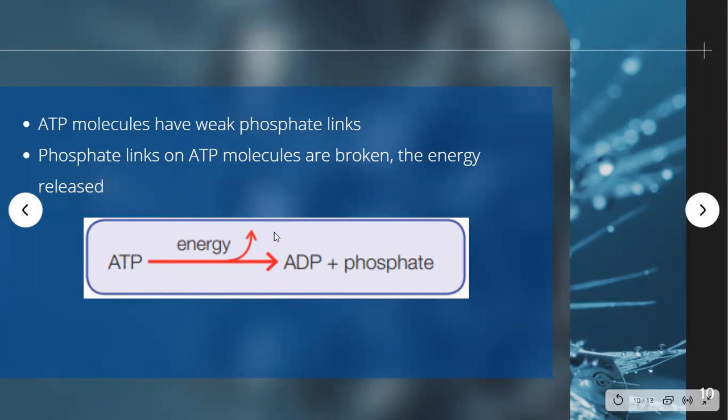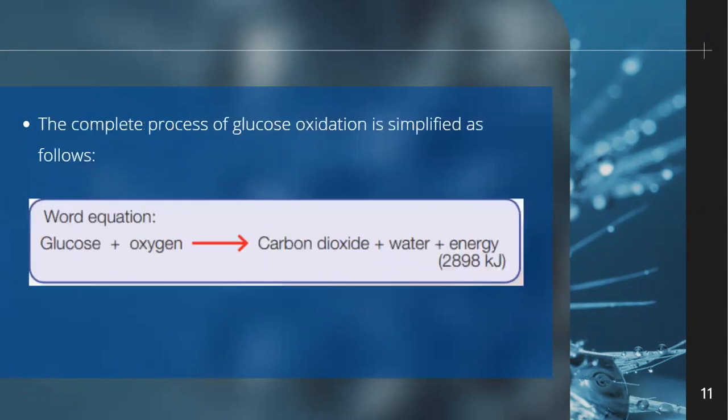So the whole process, going back to what we said just now, aerobic respiration: the main product that we want is energy in the form of ATP. Now this is the final slide. The complete process of glucose oxidation is simplified as this: glucose plus oxygen becomes carbon dioxide, water, and also energy.